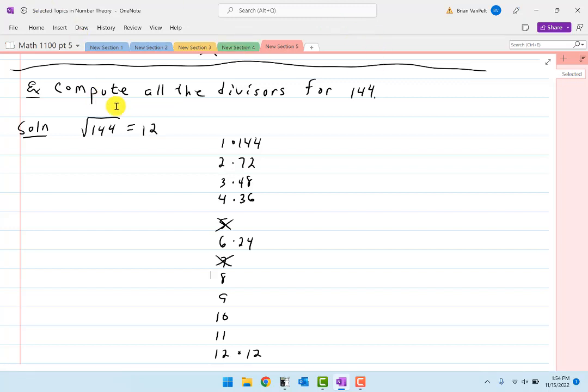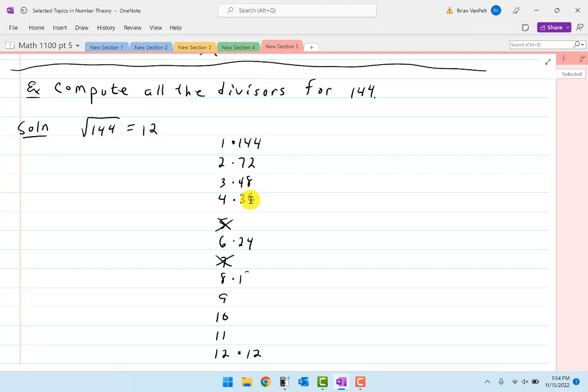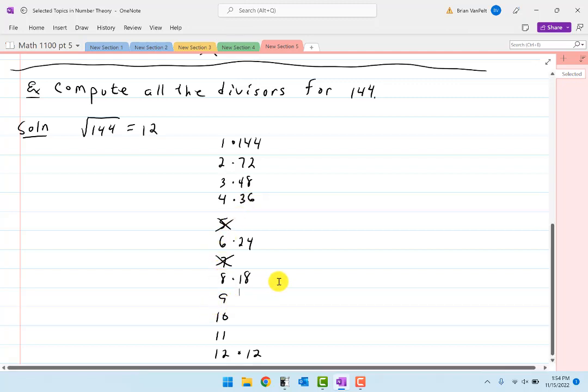Now let's take a look at 8. 8 shouldn't be too bad. If you look, 4 times 36 was 144. That means that 8 times 18 is 144. Does 9 go into it? Well, let's count the digits. 1 plus 4 plus 4 equals 9. That means 9 goes into 144. How many times?